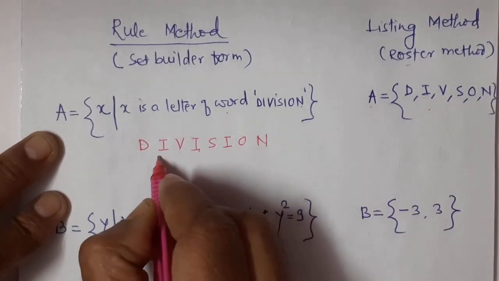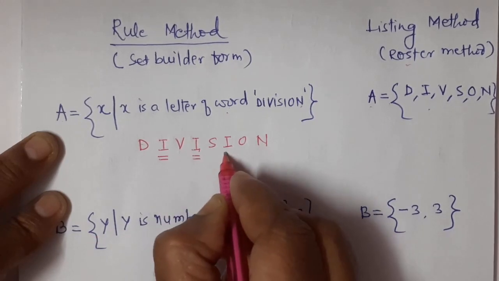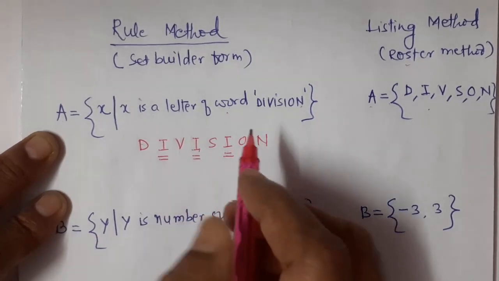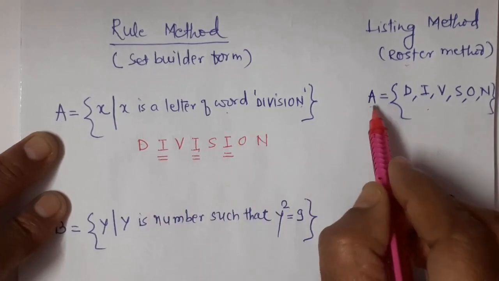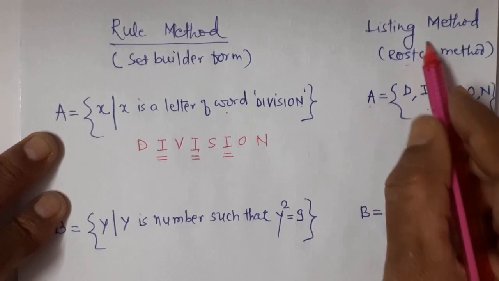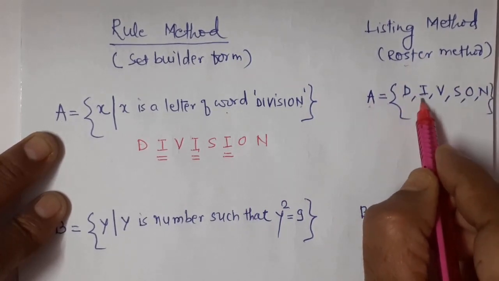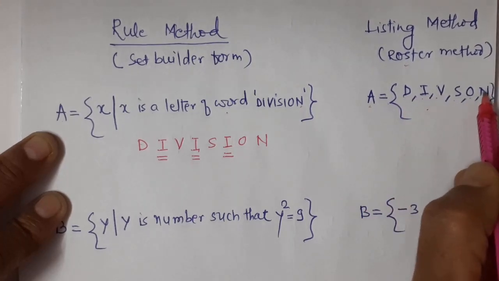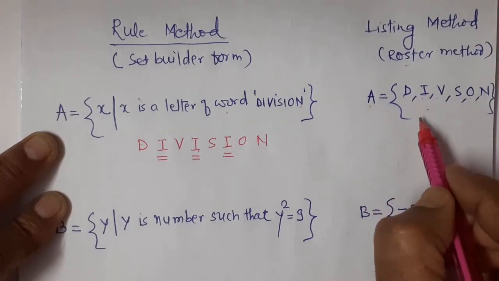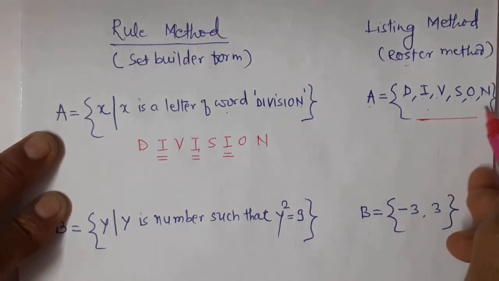So here I is repeated. That's why instead of writing the repeated I, we have written set A in listing method as A is equal to the set of D, I, V, S, O and N. So I is not repeated. You have to take care of that while writing the listing method.